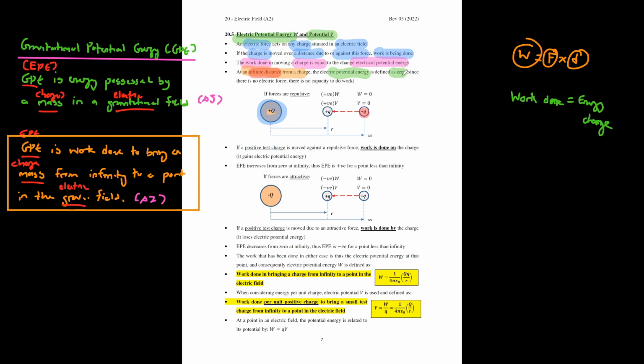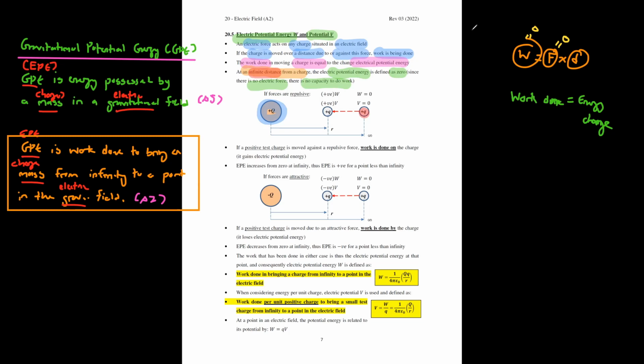The reason is that at an infinite distance, you have no electric force, so you have no capacity to do work. It ties up to the equation I wrote on the right-hand side here. If your force is 0, your work would be 0 too. So at infinite distance, your electric potential energy is 0 because there's no electric force.